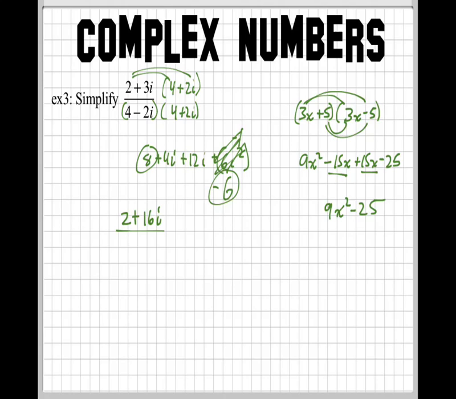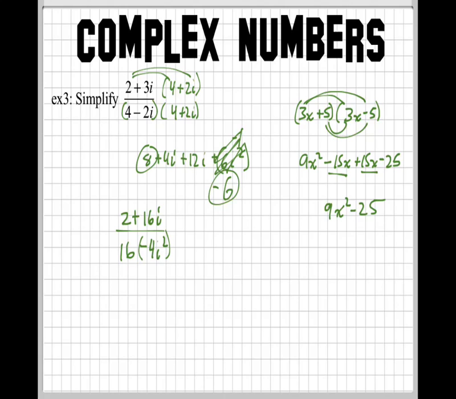The denominator, because we know that this is the conjugate, it's going to give me a difference of squares. You could do a shortcut. You can go straight to 16 minus 4i squared. Now, if you're still kind of not understanding how I got that, then you need to multiply it out like I did this one right here, and you'll see that the two middle terms will cancel out.